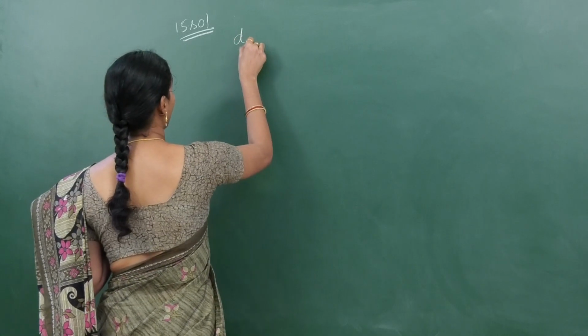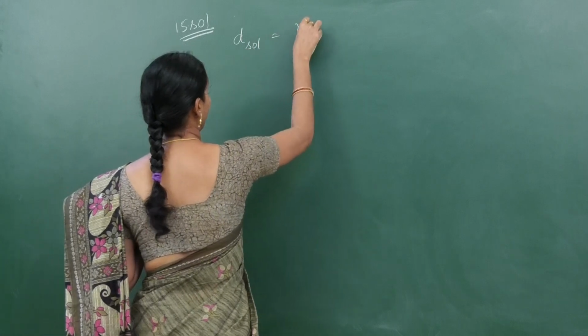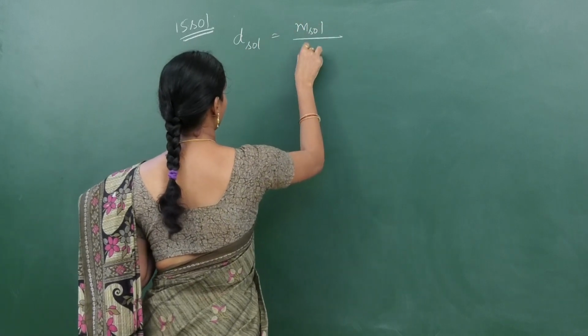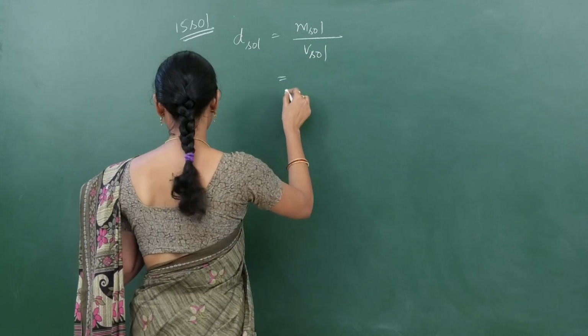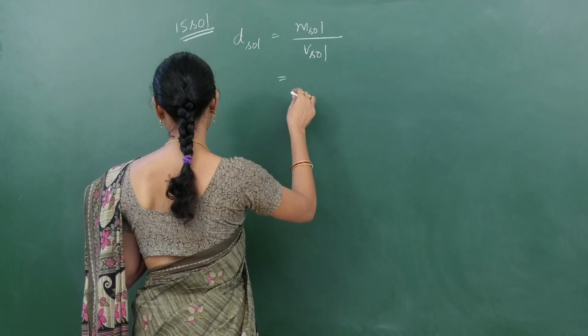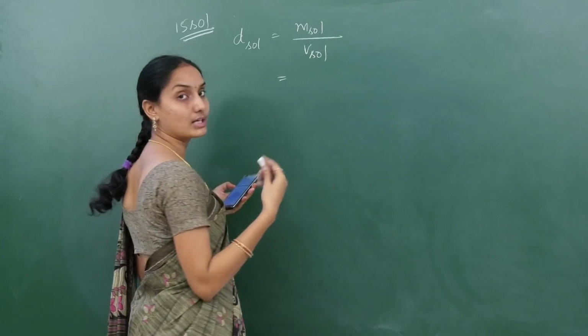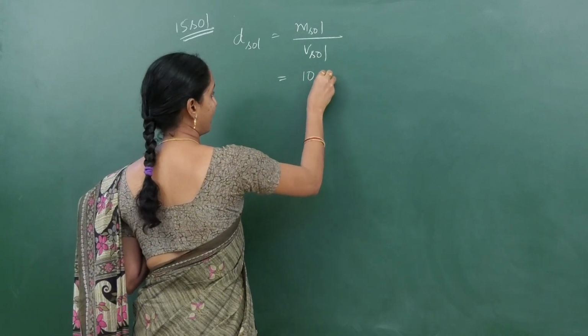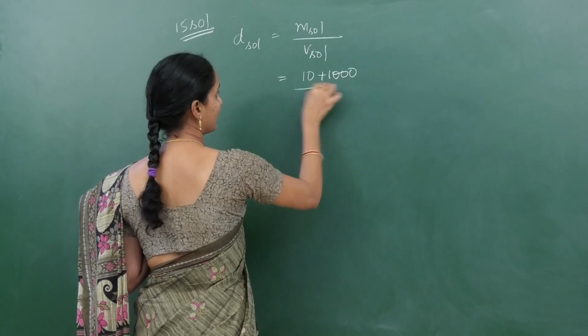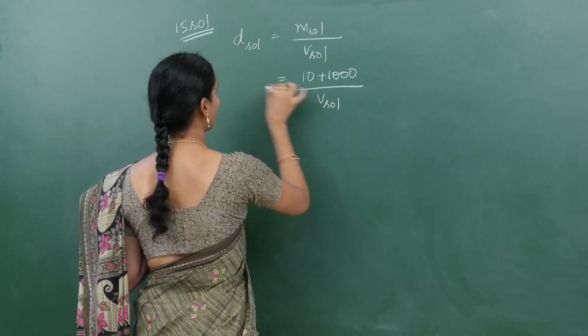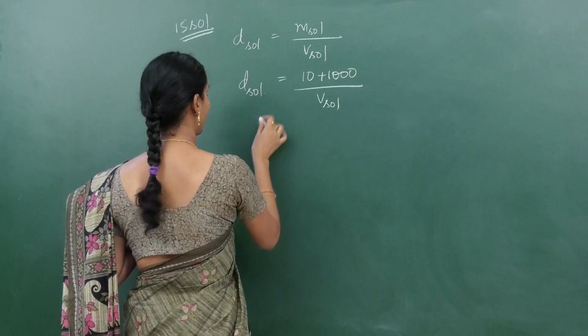Density of solution is equal to mass of solution by volume of solution. Mass of total solution is 10 grams of KCl dissolved in 1000 grams of water. So 10 plus 1000 is the total mass, divided by volume of solution into density of solution.